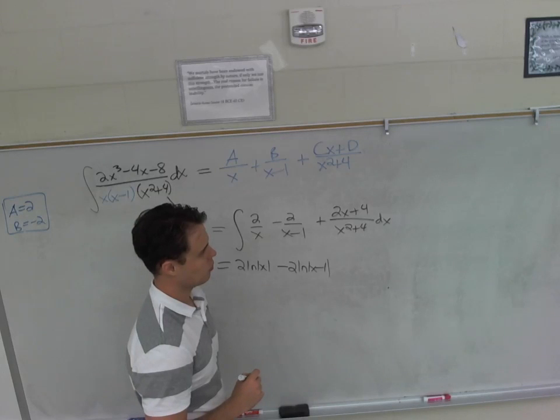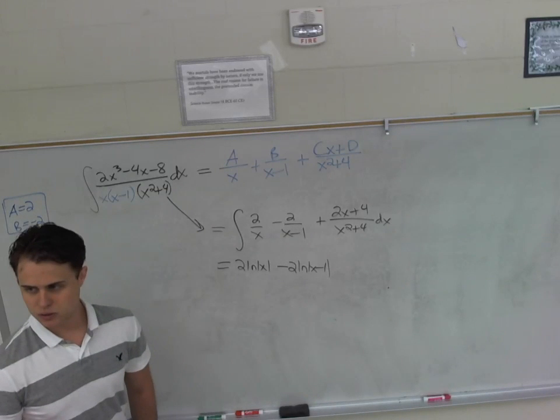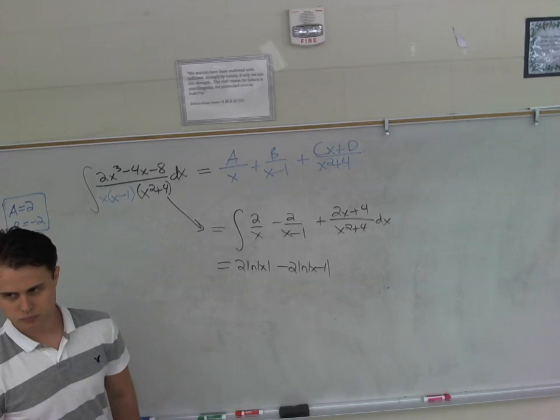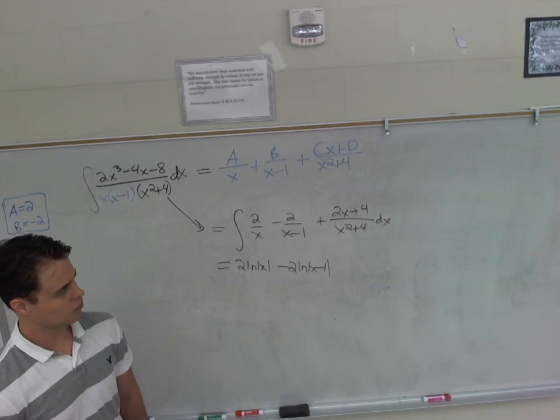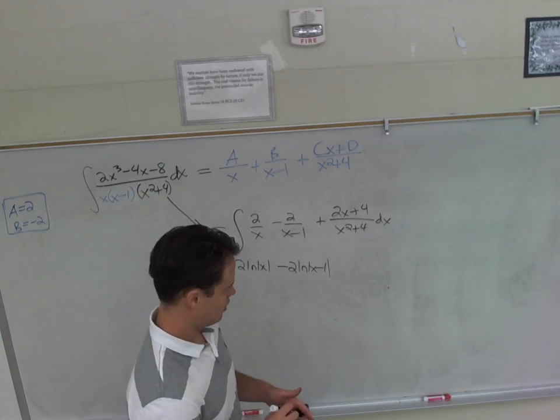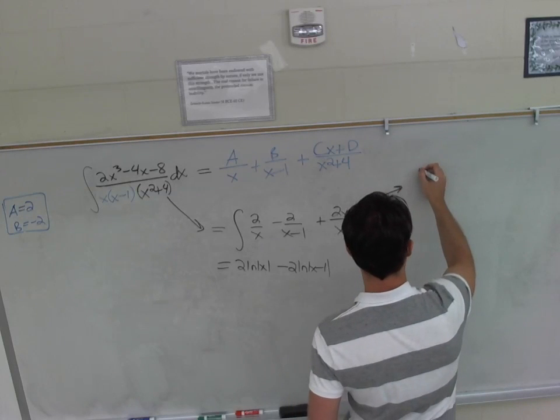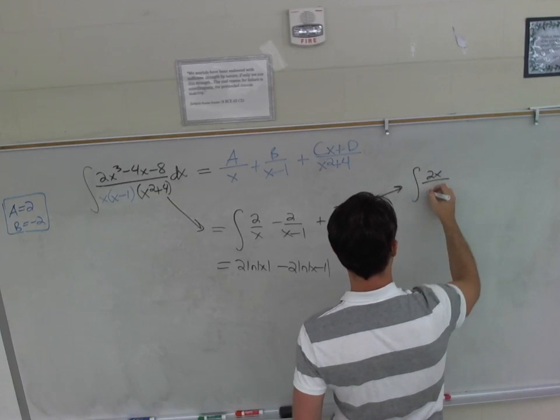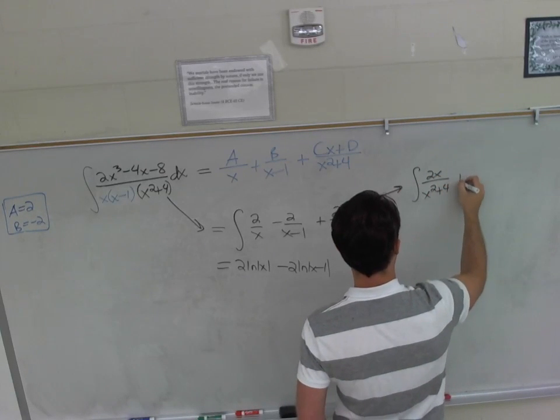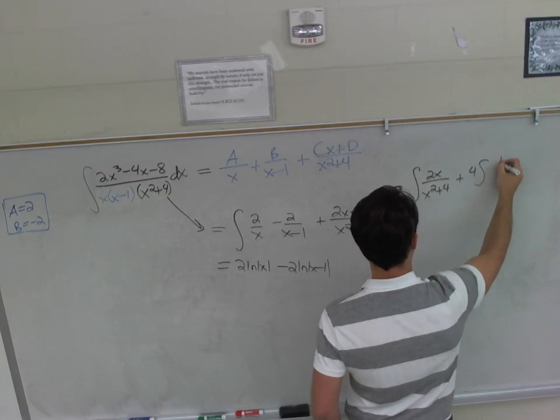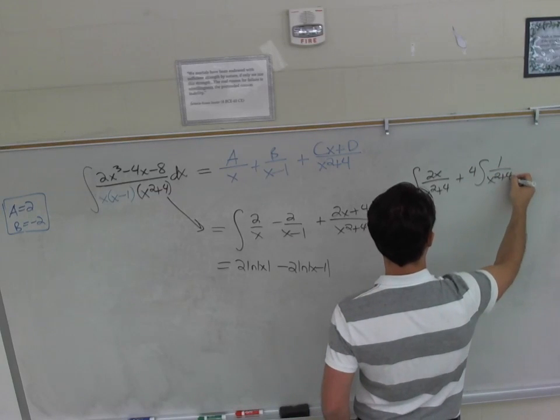A u sub, I think, might work. And if not, it's so close. I think we need to split it. You gotta go 2x over x squared plus 4 plus 4 times 1 over x squared plus 4 dx.